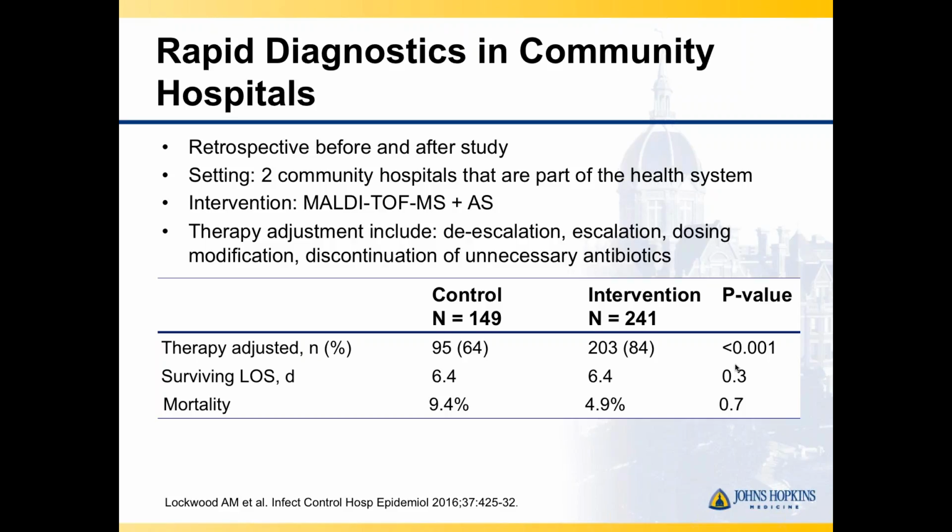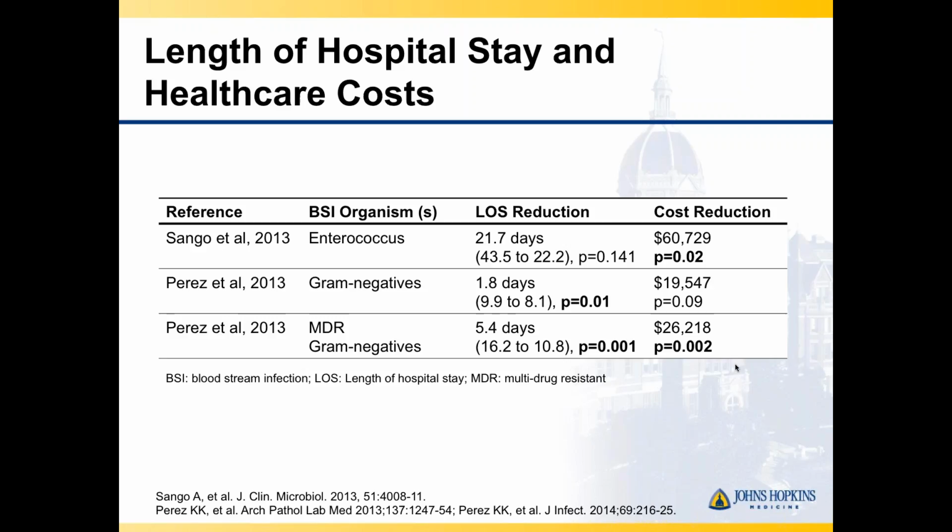They were able to have more therapy adjustment with the antimicrobial stewardship interventions plus MALDI-TOF, but there was no difference with respect to length of stay and mortality. So community hospitals can also benefit from those rapid diagnostic assays with some stewardship interventions.